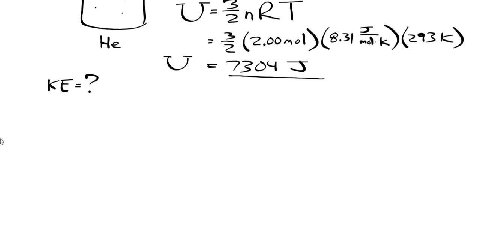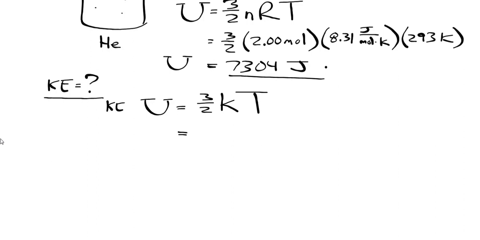Another question we could have would be, what is the average kinetic energy per molecule? The internal energy we calculated up here is the internal energy for the entire gas sample. If you recall, to get the internal energy for a single molecule, it changes slightly. It becomes 3/2 times Boltzmann's constant times the temperature, and this internal energy is equal to kinetic energy.